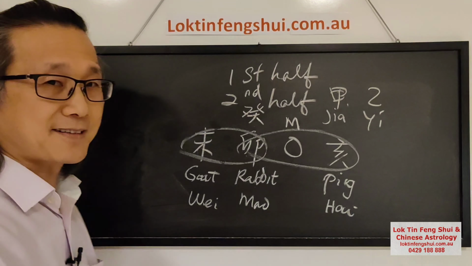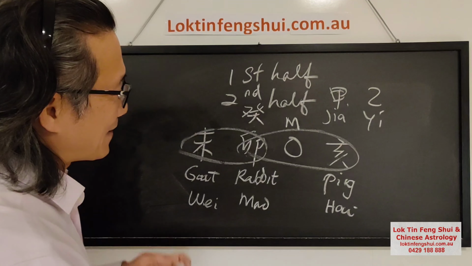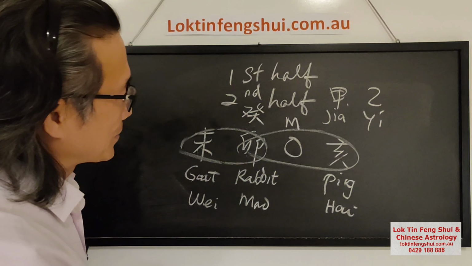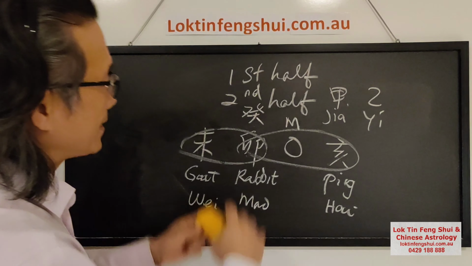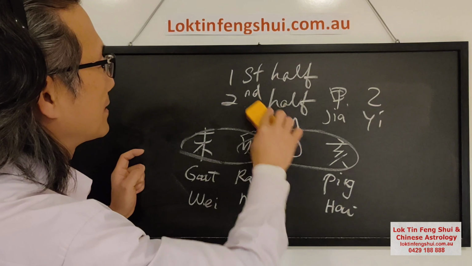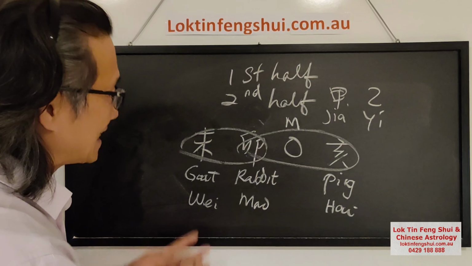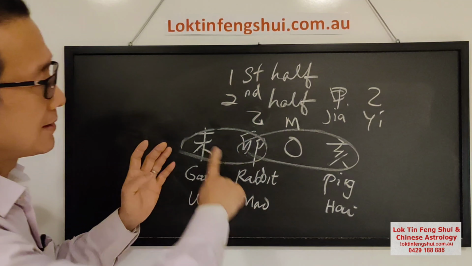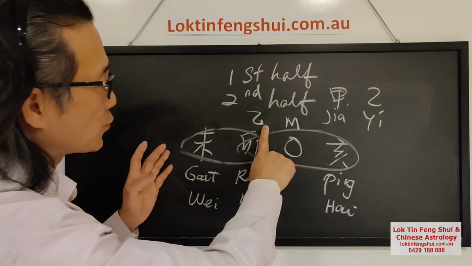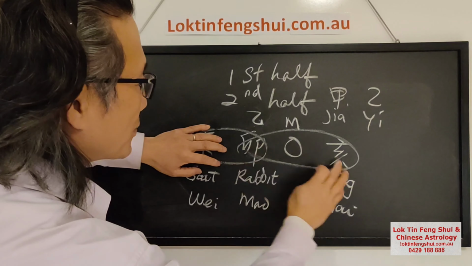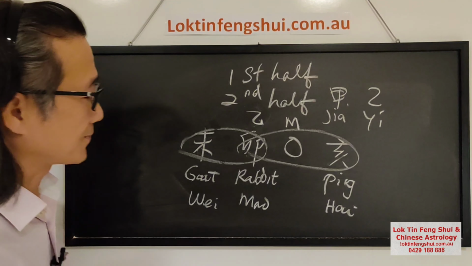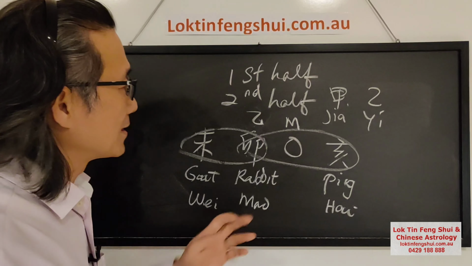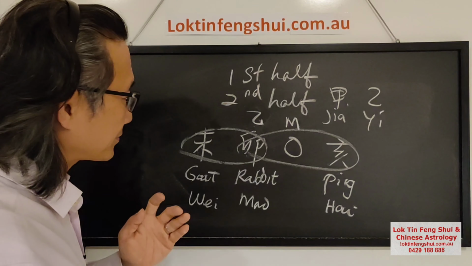Same thing, you have to look at the day master. If it's not Gui, let's say it's Yi, the Yi Mao, so Yi is wood, so when they transform into wood, it becomes a self-element. So it depends on the day master.